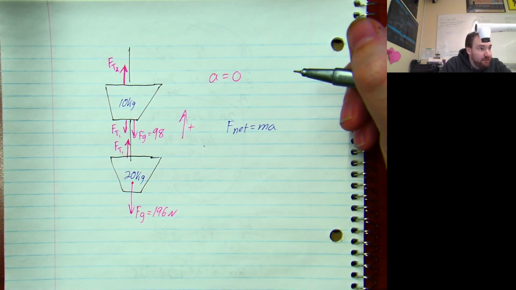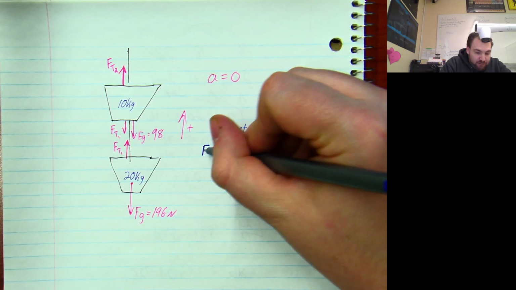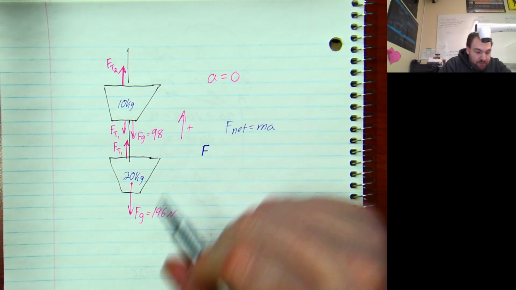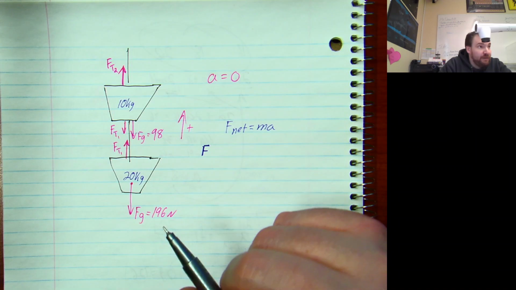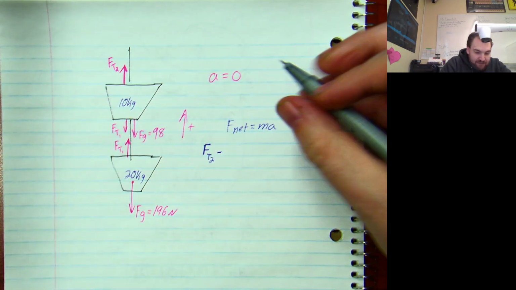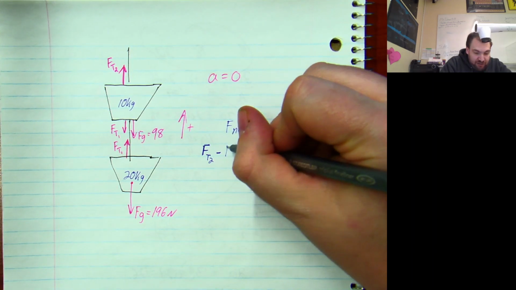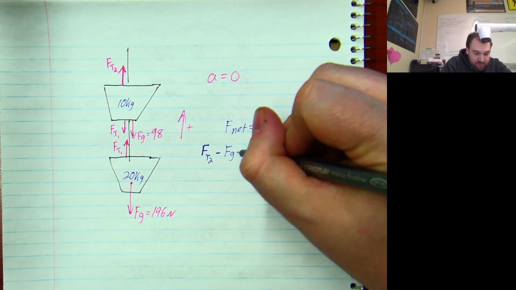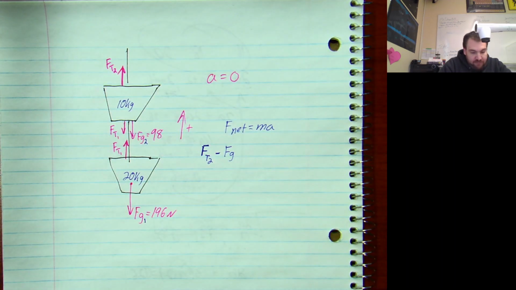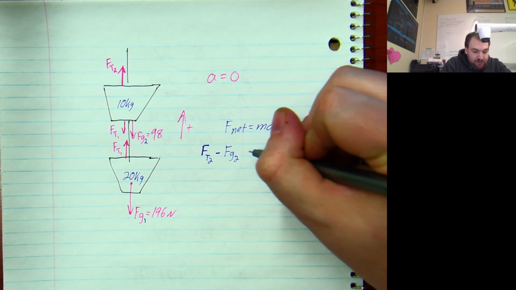FT1. FT2 is acting up, so that's positive, minus FG. I'll call this FG2, and I'll call this FG1. So FT2 minus FG2.